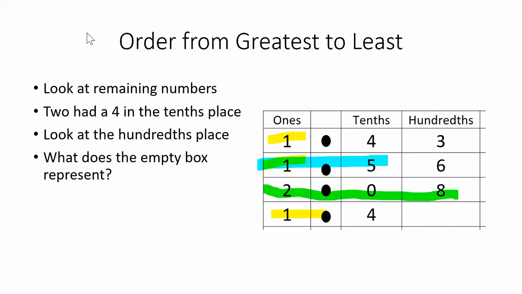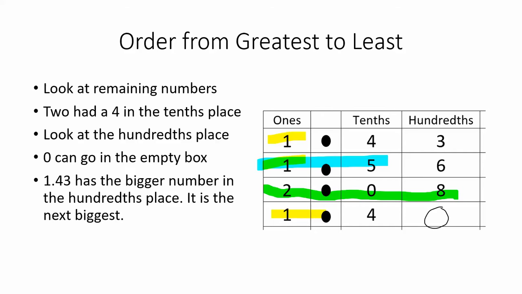Now we only have two values left, and remember, they had the same value in the ones and the tenths place. So now I'm looking over to the hundredths place, and I notice the top row has a 3, the bottom row is empty. At the beginning, we said that that empty value can be filled in with a 0.